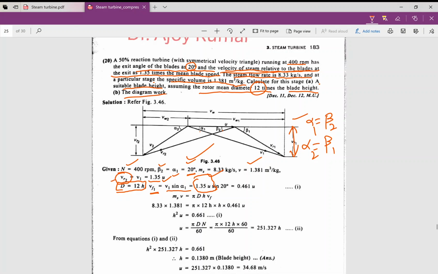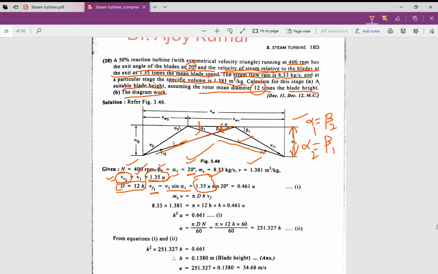So VR2 is equal to V1. Why is it so? Because, as I already told, inner angles are equal and their respective velocity lines are also equal. If alpha 1 is equal to beta 2, then alpha 1 is drawn with V1 and beta 2 is drawn with VR2. Hence, these two are equal and these are 1.35 times U.